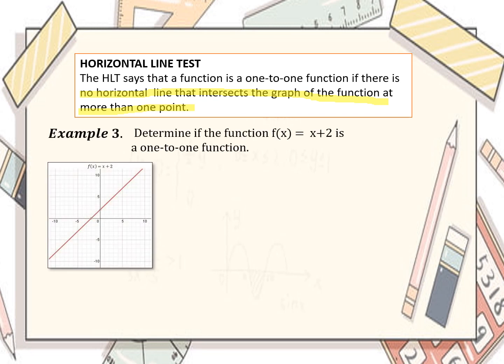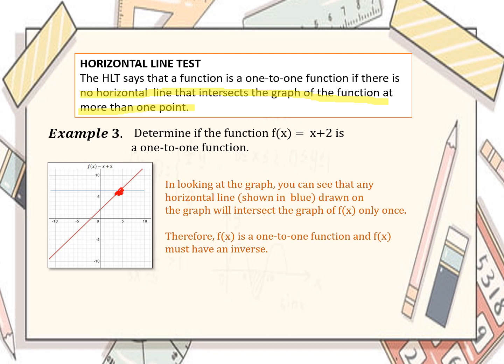For example, determine if the function f of x is equal to x plus 2 is a one-to-one function. So, mag-create lang tayo dyan ng horizontal line sa any part ng ating graph. So, dito, tumama lang siya ng isang point. Kapag 1 point lang yung tinamaan ng ating horizontal line, ibig sabihin, that is an example of one-to-one function.